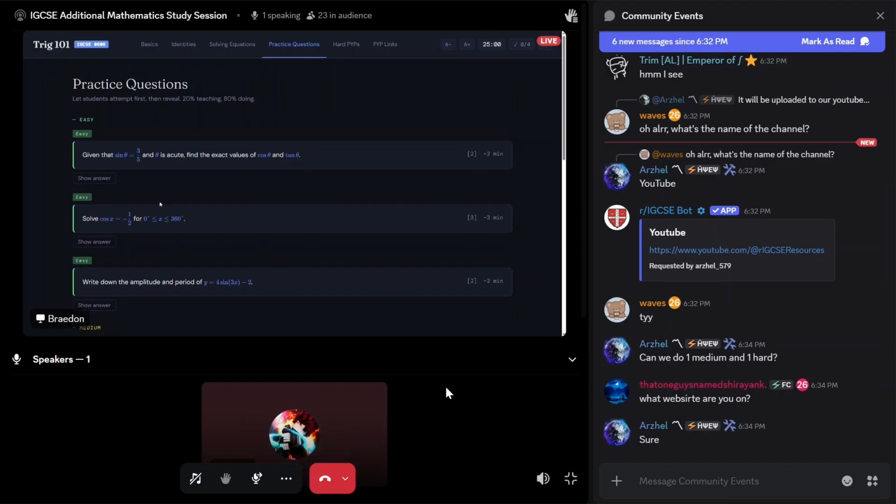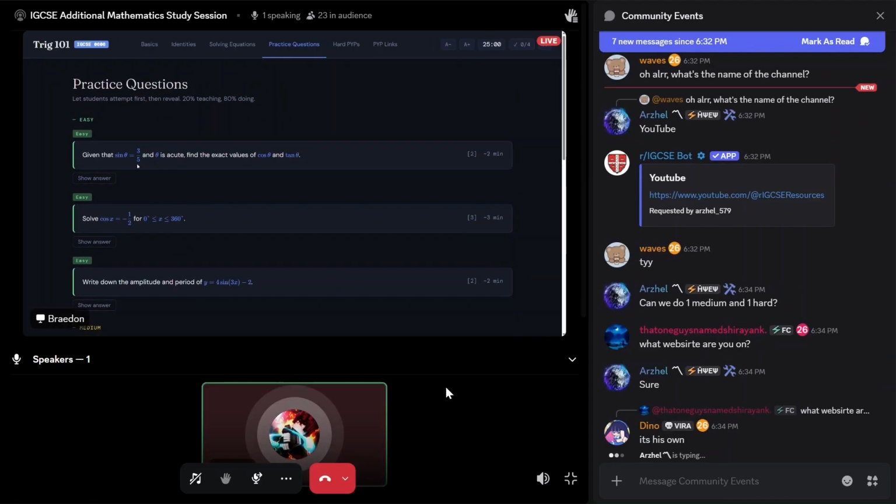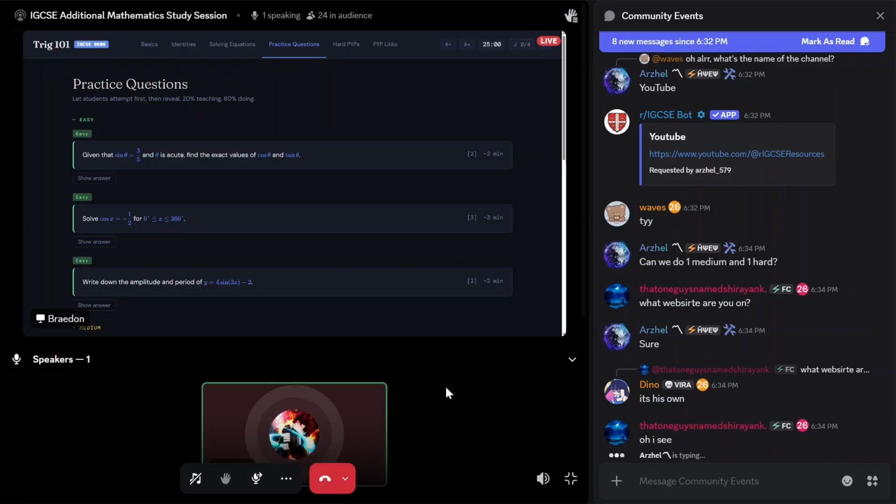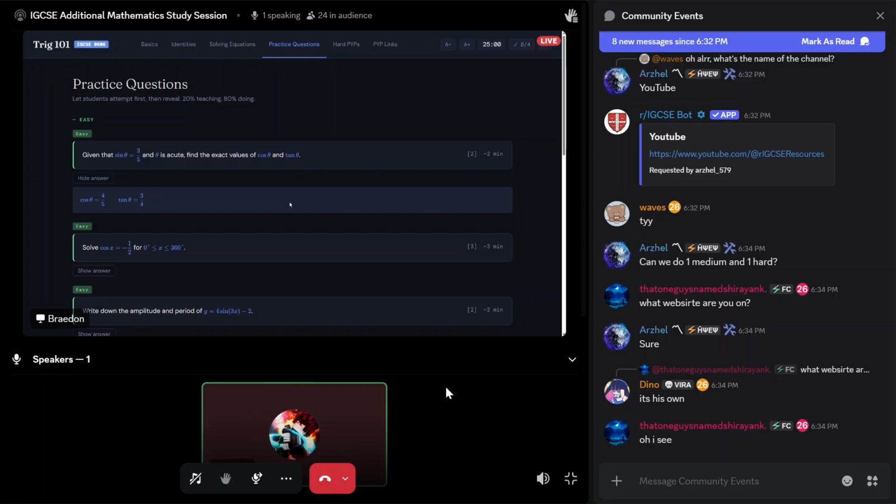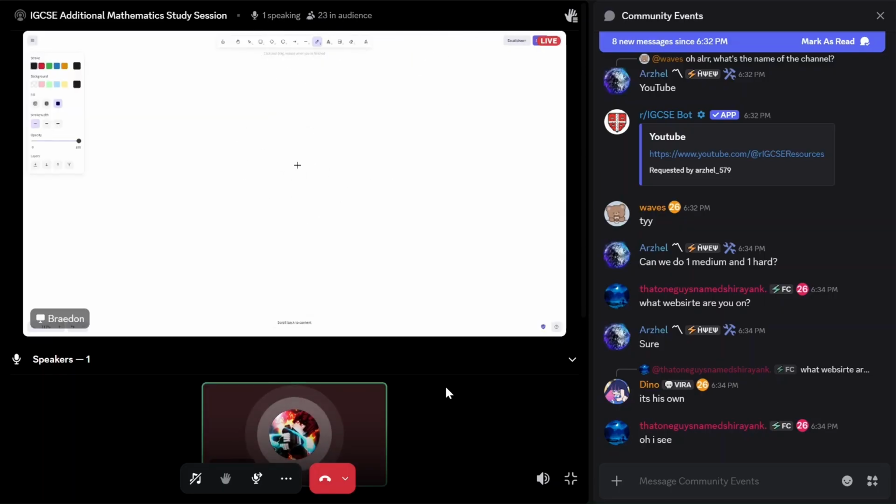Okay, so this is an easy question. Sine angle equals 3/5 and angle is acute. So find the exact value of cos and tan. So this is the basics. This is SOHCAHTOA. I have the answers here, but I'll show you the working.